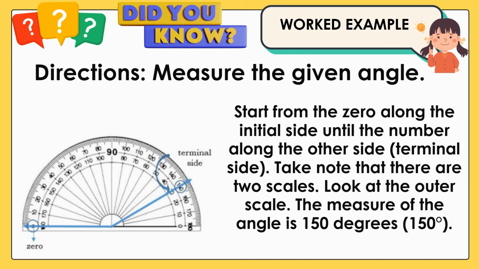Start from the 0 along the initial side until the number along the other side or terminal side. Take note that there are two scales. Look at the outer scale. The measure of the angle is 150 degrees.